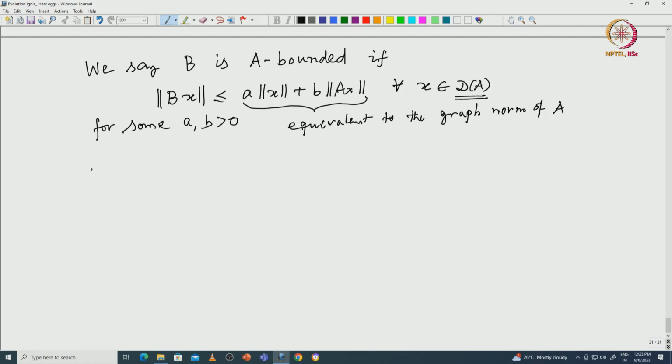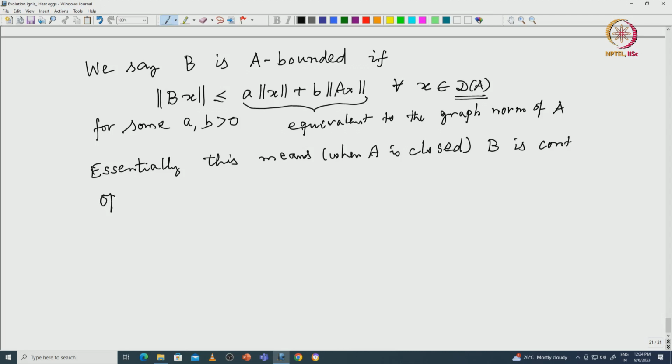So, essentially this means, at least when A is closed, B is a continuous, bounded operator from dA, which we noted with graph norm, into H. So, that B is going to be our perturbation.